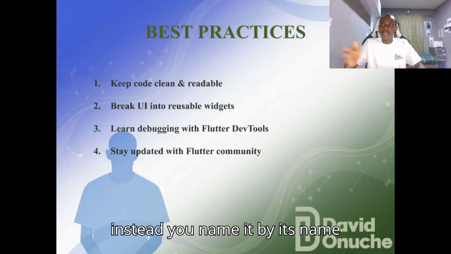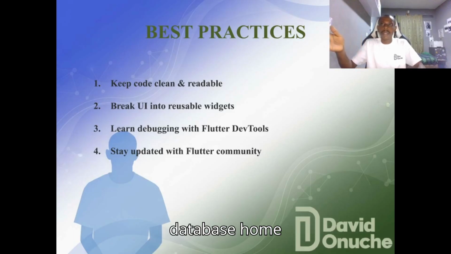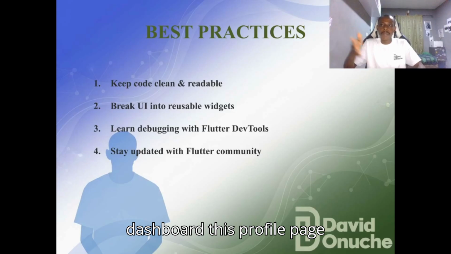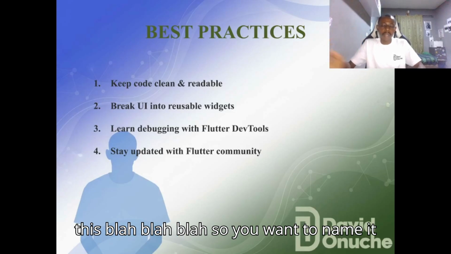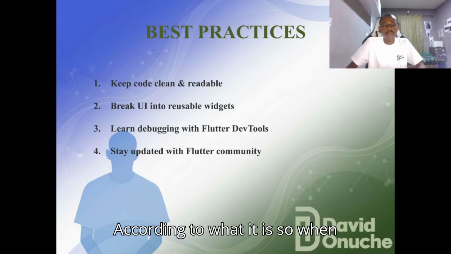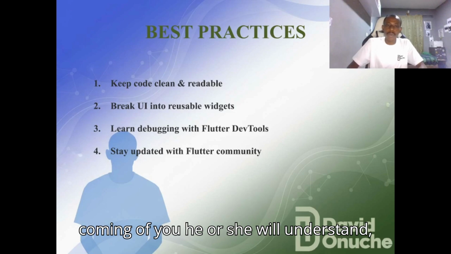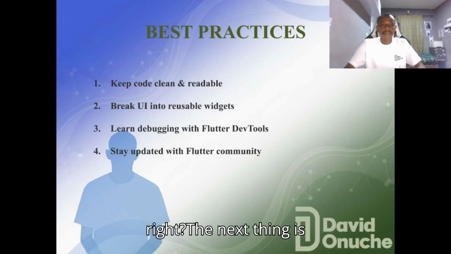Instead, you would name it by what it is: home screen database, home screen, dashboard, profile page, and so on. So when the next programmer comes up, he or she will understand, right?